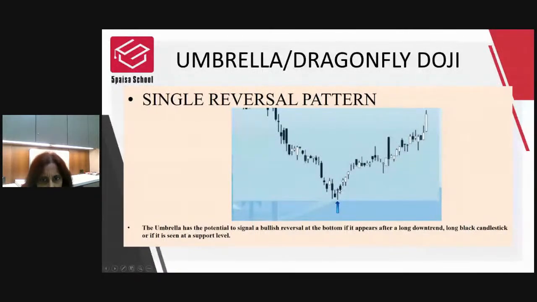That it is higher as compared to the previous candlestick, which is your umbrella or a dragonfly. And immediately after that, you see a white candlestick or a green candlestick.